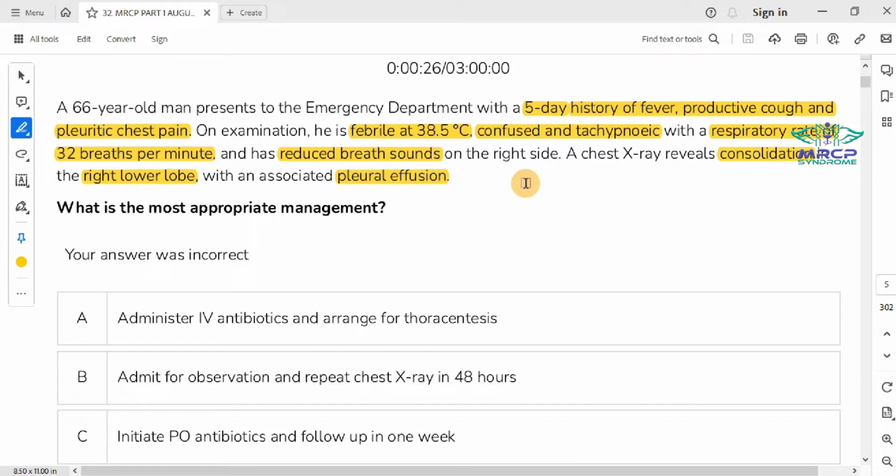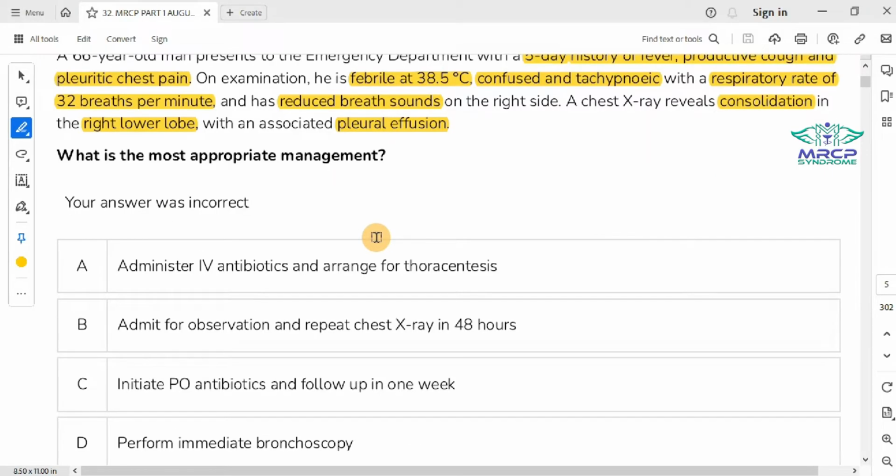Yes, very good. So what is the most likely diagnosis here? Pneumonia. This is a case of pneumonic consolidation associated with pleural effusion, and the most appropriate management would be the administration of IV antibiotics and arranging thoracocentesis.